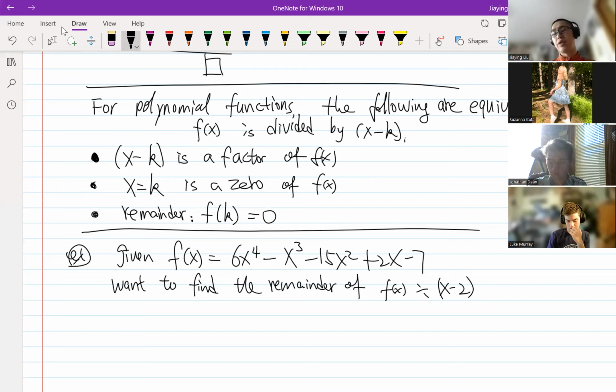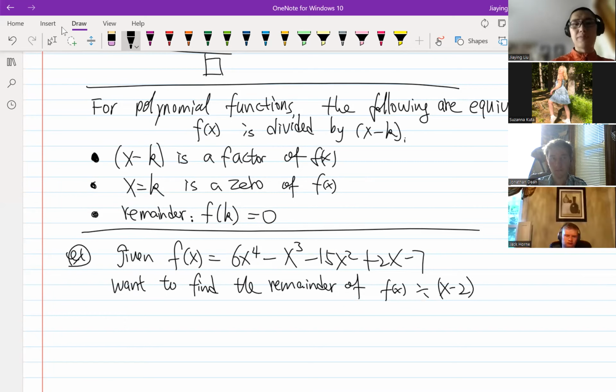So I could set up a long division or use synthetic division, whichever you prefer, right? But if you don't like either, what you can do is just use the remainder theorem, which says the remainder equals f of k. And the k value, this k here, is going to be the number opposite from x minus 2.